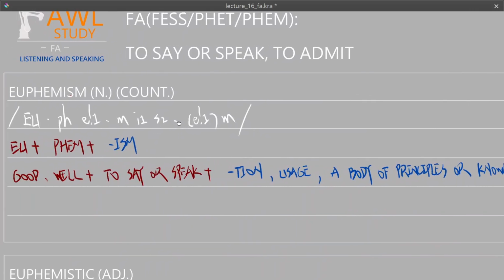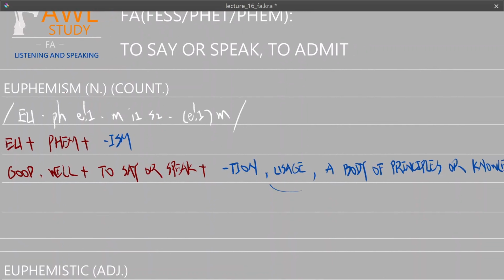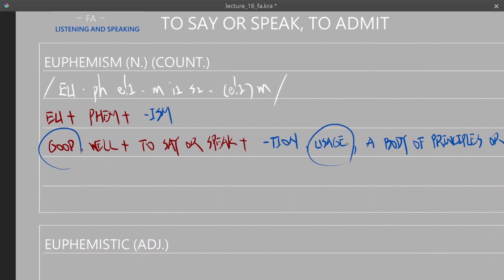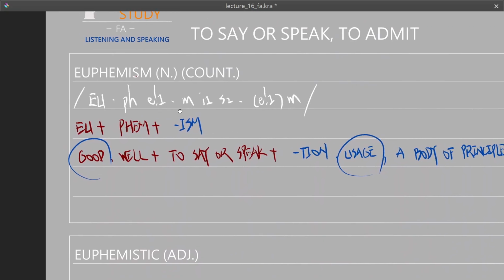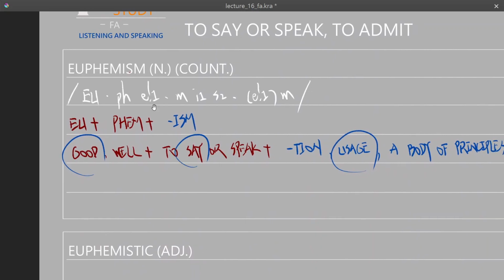So euphemism literally means what? Euphemism literally means the usage, the good usage of saying something.